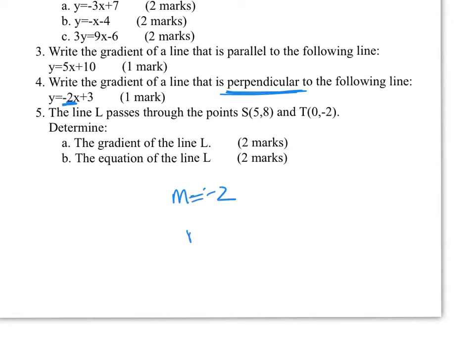This is minus 2 over 1, so the perpendicular gradient would be positive 1 over 2. When we multiply minus 2 by a half, we get minus 1, because when perpendicular gradients multiply, we get minus 1. So the gradient of a line perpendicular to this line would be a half.